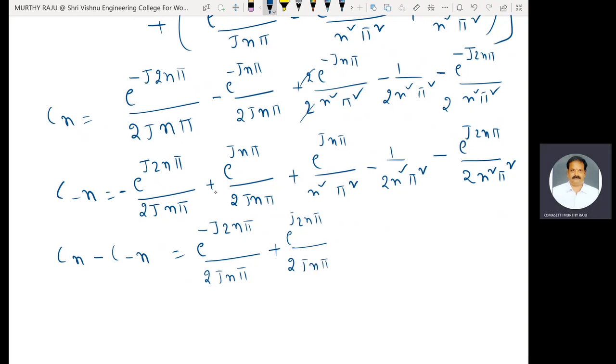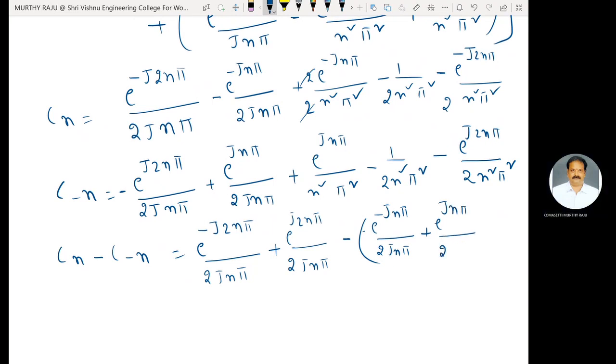And here minus e power minus j n pi by 2j n pi. Here the minus sign is there. The minus sign is common here, plus e power j n pi by 2j n pi. Here plus e power minus j n pi by n square pi square minus e power j n pi by n square pi square.